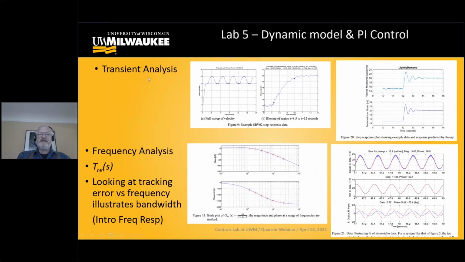Now, a second thing that we introduce in this lab is frequency analysis. As you'll see when we turn to lab part 6 and finally our capstone, lab part 7, frequency analysis plays an important part for us.